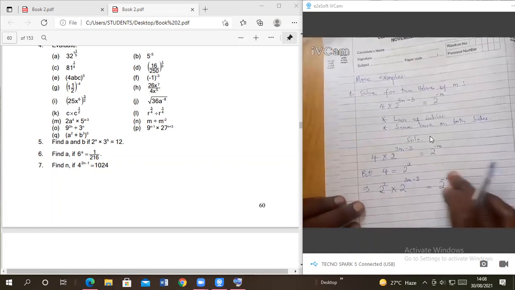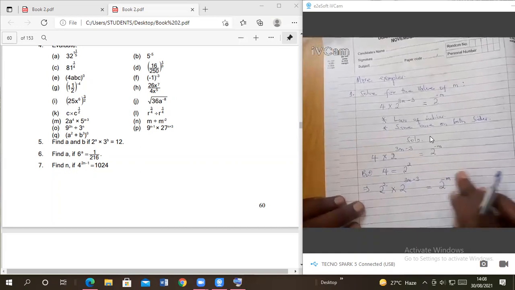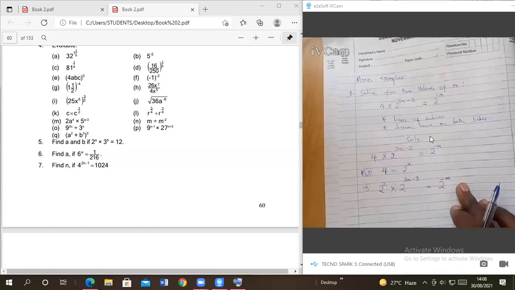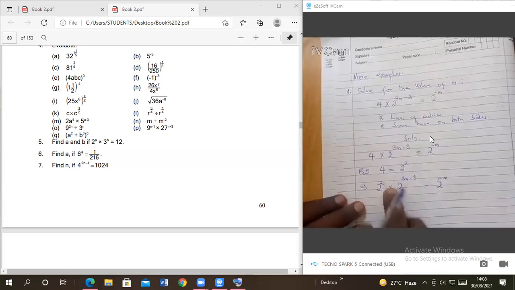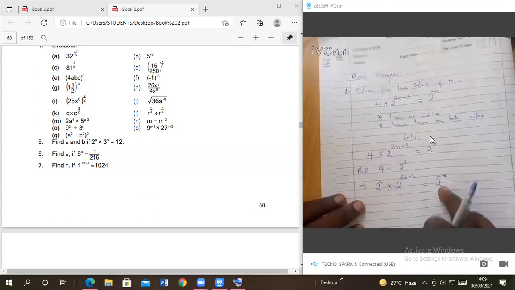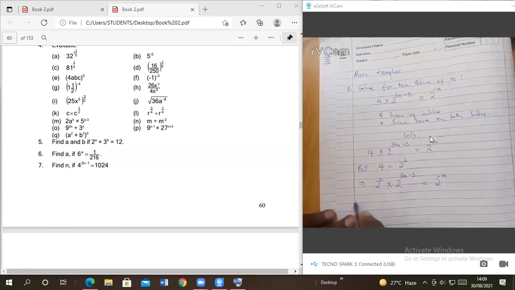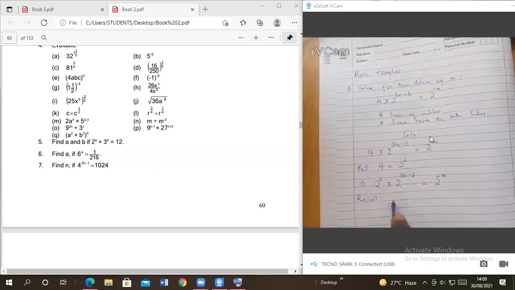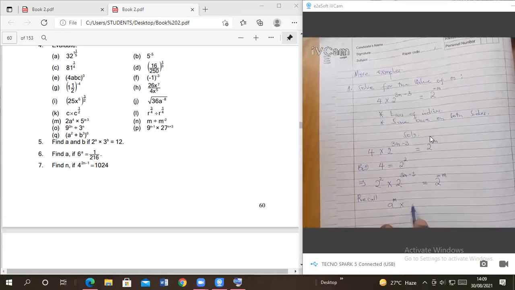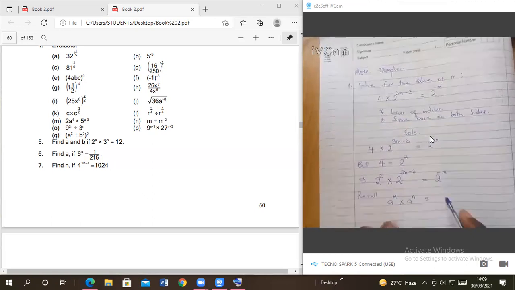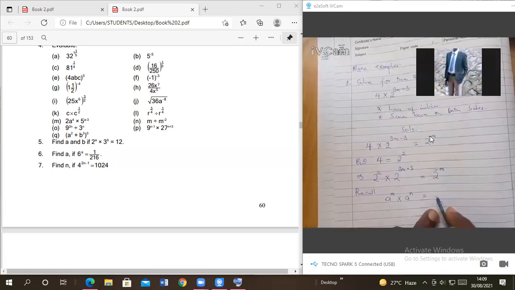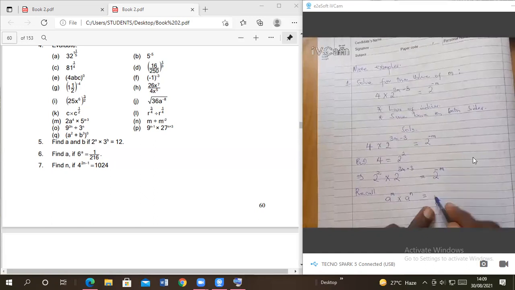When you look at the right hand side, we have only 1. So the work we have to do is to simplify this until I have the same base. Now when you look at this, they have the same base and we are multiplying. When you recall, I said when I have a to the power m times a to the power n, we add the powers.